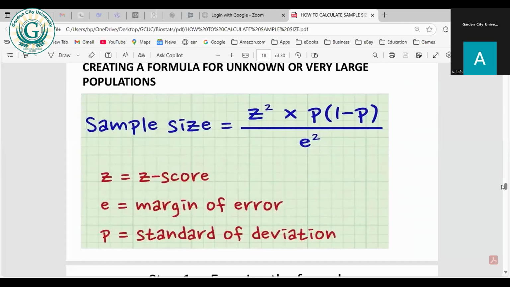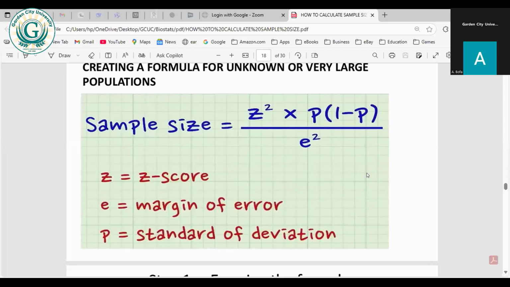This is for a population where you don't even know the population size, or probably it's very large, so it's even difficult to identify the population size. You can see that this formula does not depend on the population size.